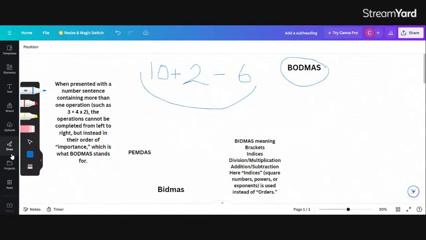What about a situation where we have something like division here, and then let's go for 4 here, then let's go for 20 here.